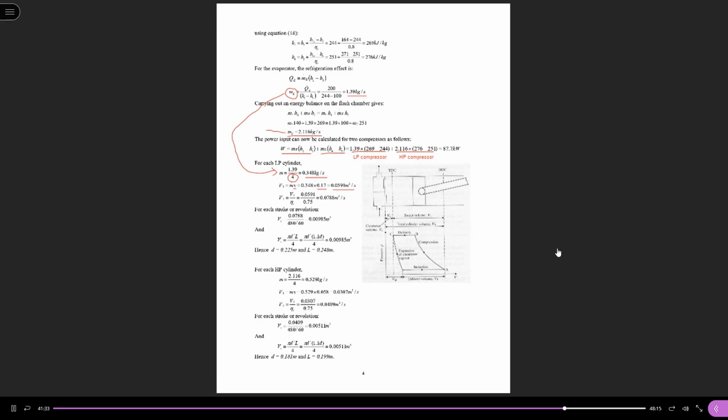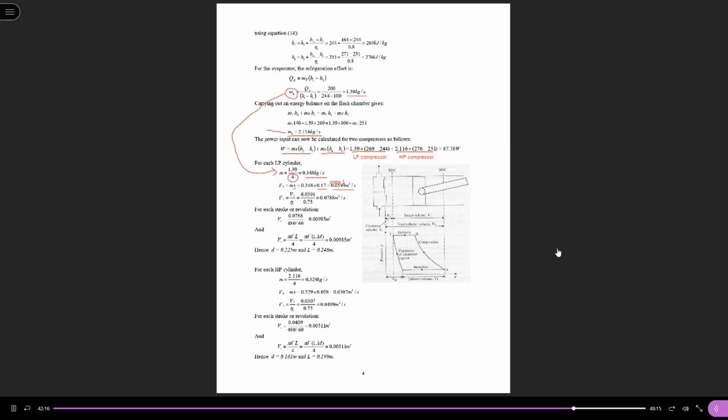Yes, for state 1, this is the specific volume of state 1. Then we can calculate the actual induced volume.